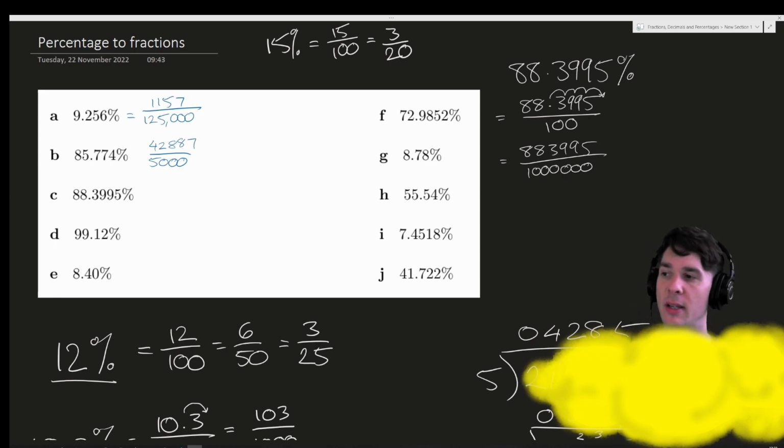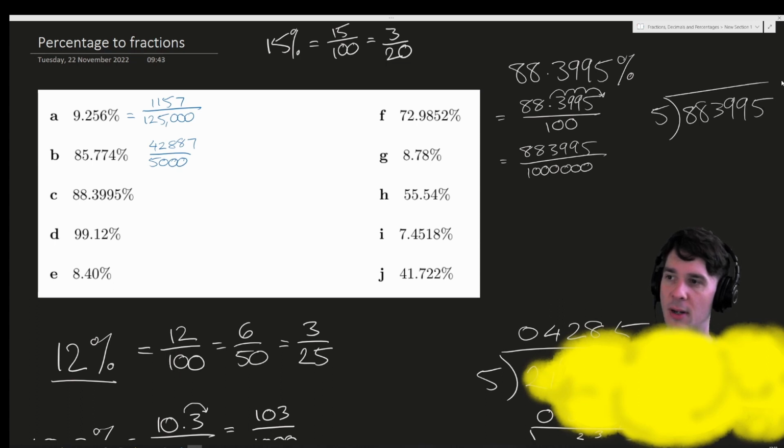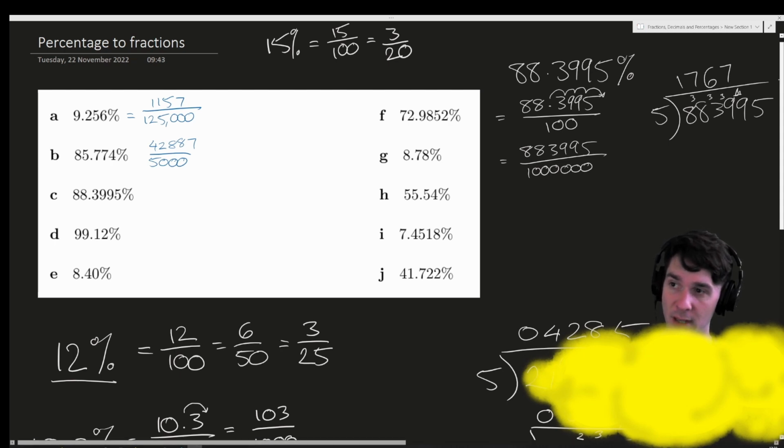Now I can see that we can divide this numerator by 5. So let's do that here. I like to use my algorithm because it makes it easy. I don't have to think very hard. 5 goes into 8 once with a remainder of 3. 5 goes into 38 7 times with a remainder of 3. 33 6 times with a remainder of 3. 39 7 times with a remainder of 4. 49 9 times with a remainder of 4.